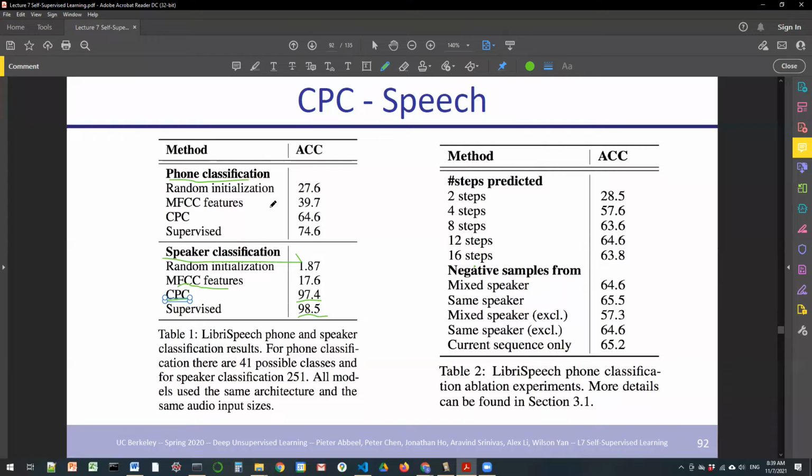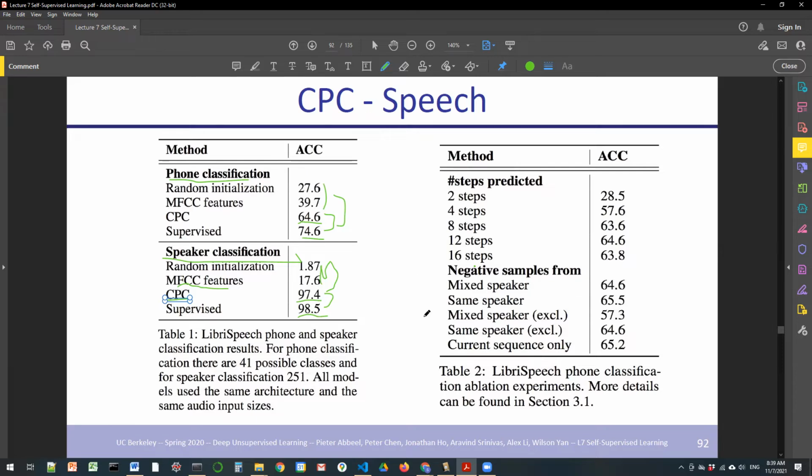With respect to phonemes, it doesn't do as well. There's still a gap of about 10 points in accuracy, but it is by far the best of the methods when compared. So here the gap is significant. Here the gap is not that much, but in both cases, when you compare this to the 2 techniques in this case, they are worlds apart.